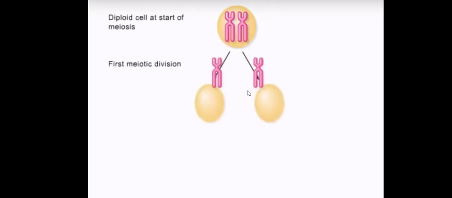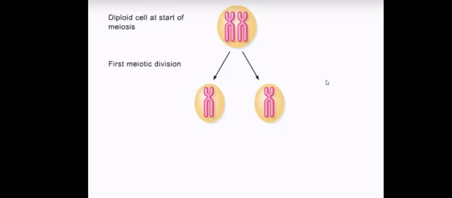So normal chromosomes separate: homologous chromosomes separate from each other during meiosis 1, while sister chromatids separate from each other during meiosis 2. During meiosis I, homologous chromosomes separate, as shown in the movie. So homologous chromosomes separate from each other.